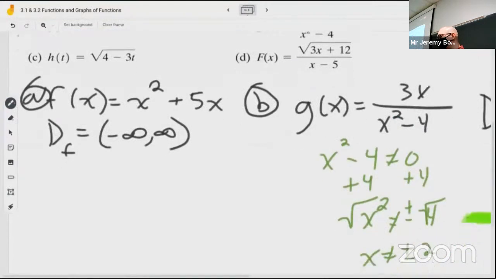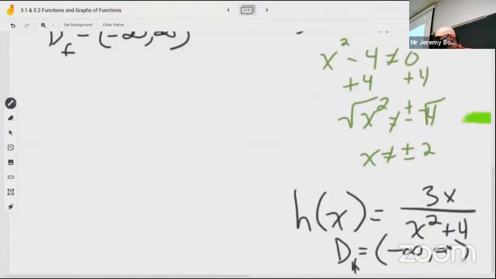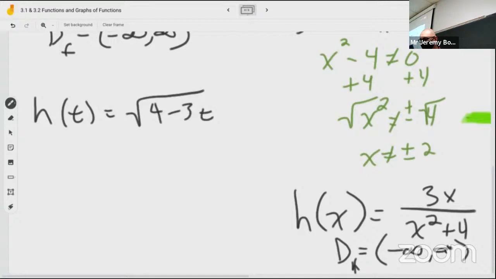So they use h, but they use t, so that's fine. They do h of t is equal to the square root of 4 minus 3t. And so we want to find the domain of that. So here, we start with negative infinity to positive infinity.